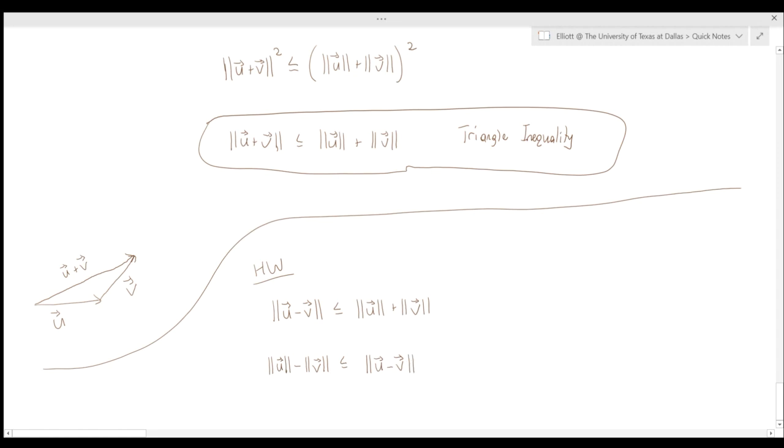And maybe before I go just a little bit into this question, does anyone actually know how to prove either of these inequalities using the triangle inequality?